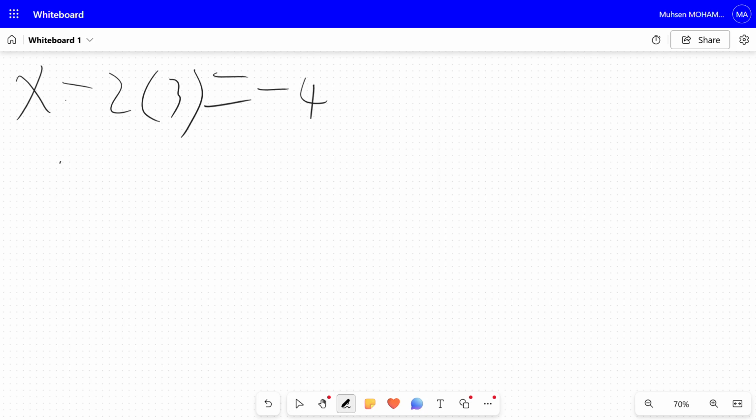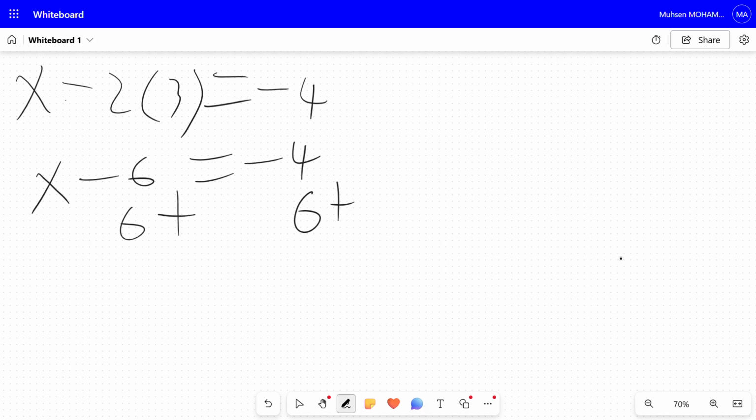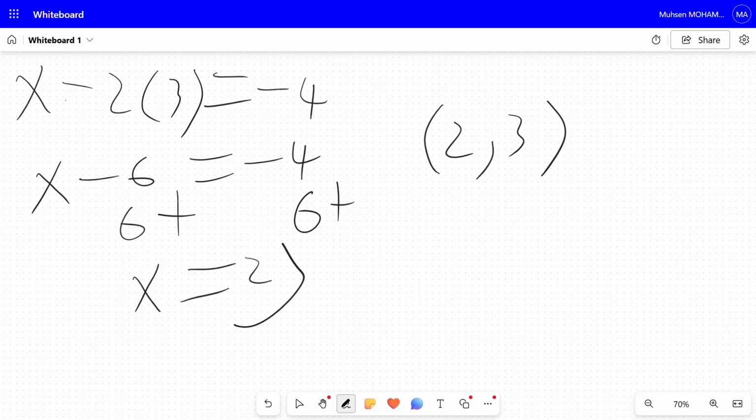So it should just be x minus 6 equal to minus 4, which would finally give me, when I add 6 on both sides, x equals 2. Now I have both values of both variables, which is x being 2 and y being 3. That's how to solve a system of equations using substitution.